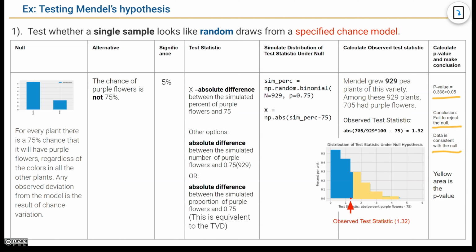This whole framework is assuming you're coming in with some default action. So in this case, the default action for Mendel is, I'm going to go forward with the model that 75% of these flowers will be purple, unless I have data that proves otherwise. Here, our data was not indicative of something strange going on. Now, it could have just been that we didn't gather enough data to detect the difference.